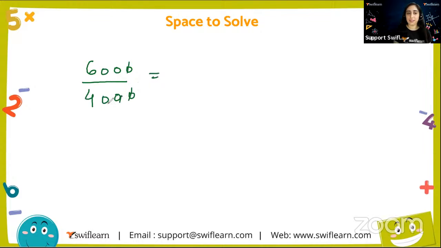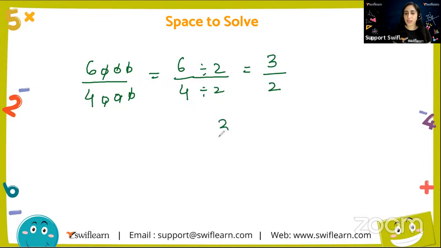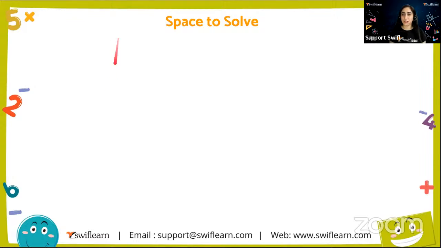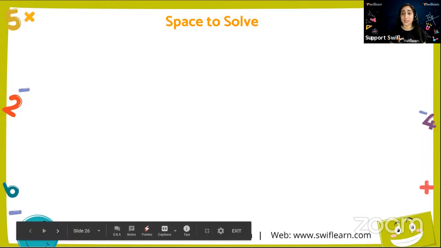I can cancel these zeros. It comes to 6 by 4. Both are divisible by 2, so it comes to 3 by 2. So the ratio is 3:2. Well done. You did it right. Perfect. I'm pretty sure that it's clear.